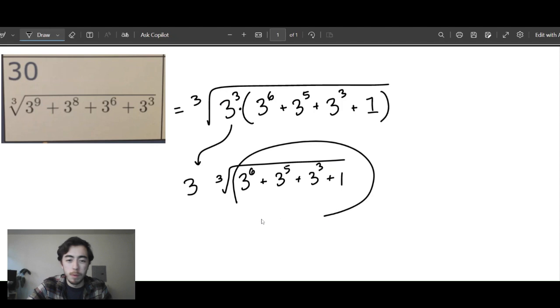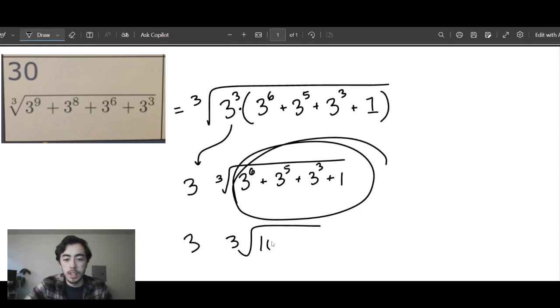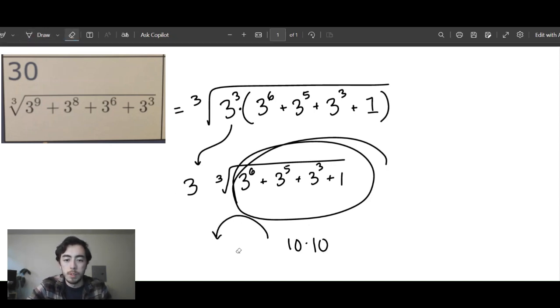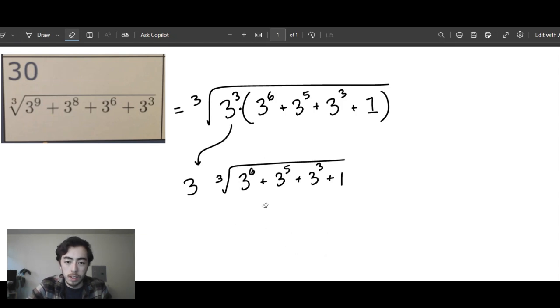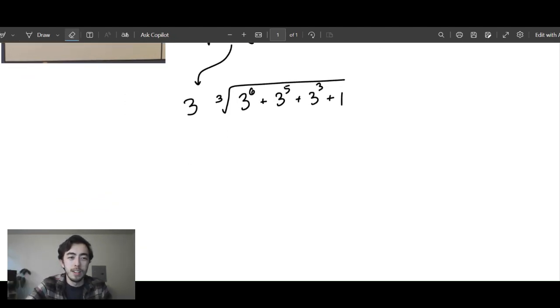Apparently this number is supposed to be, it looks like 1,000, because again, my goal is to get a 30 out of the problem today. So I'm really hoping to get a 10 times 10 times 10 out of the stuff underneath the cube root sign, because then if I find that triplet, they'll get to hop out together, and then the 3 times the 10 will be 30. But nothing is obviously a 1,000 to me. Maybe keep that idea in the back of my mind.